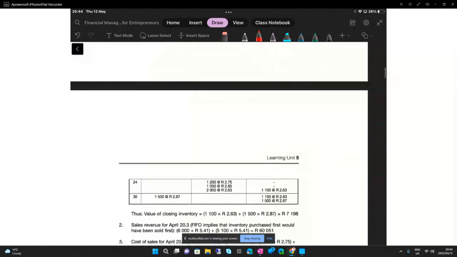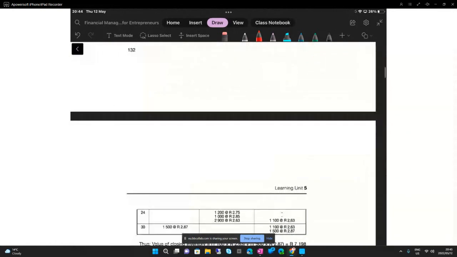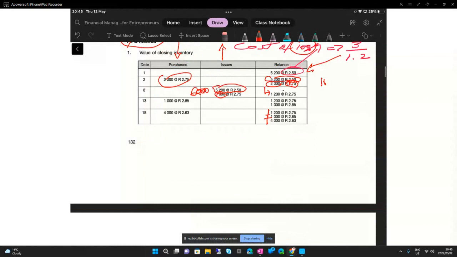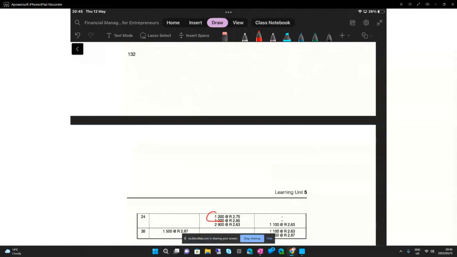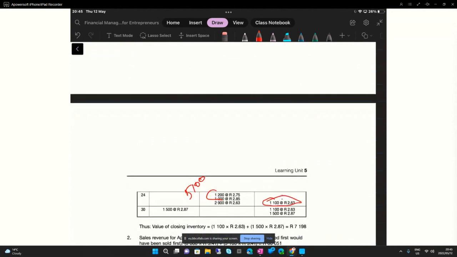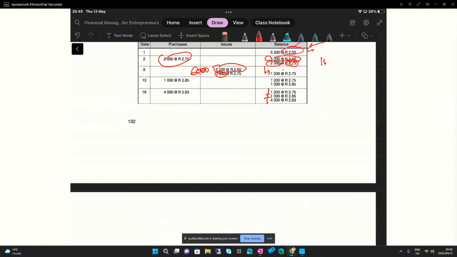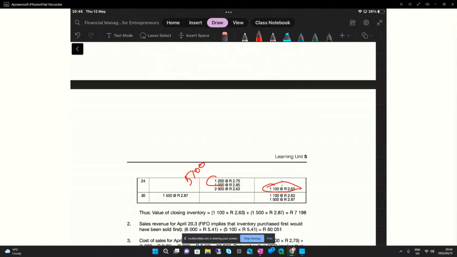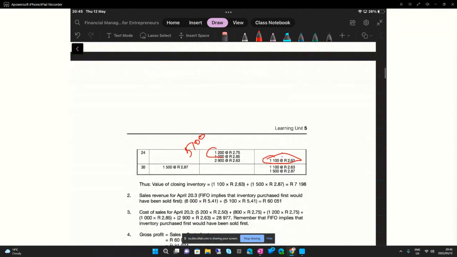So as you can see, the first one will be sold, the second one will be sold entirely, but from the 4,000, only 2,900 is needed to make the 5,100. And the remaining amount will remain at the last. Remember, we took from this 4,000 at that price of 2.63, and so what is remaining, the 1,100, is remaining at the 2.63.